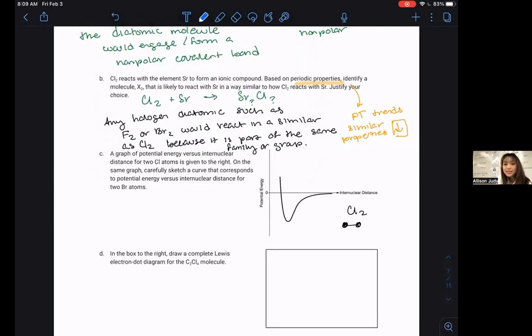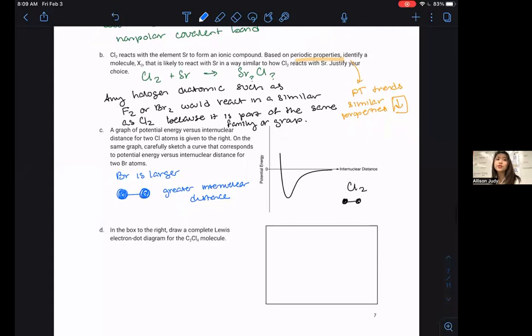Here's what they're asking you to consider: what's the one difference between bromine and chlorine? Well, bromine is larger. It's in a higher energy level. So that means the distance between the two nuclei is going to be a greater internuclear distance.